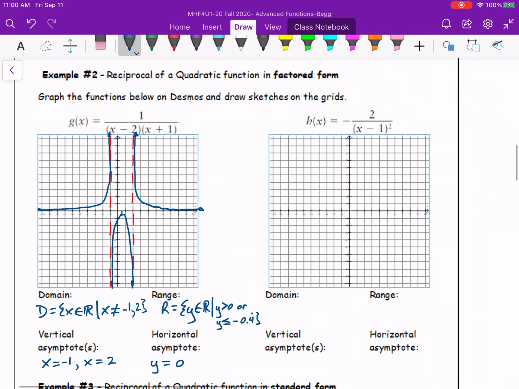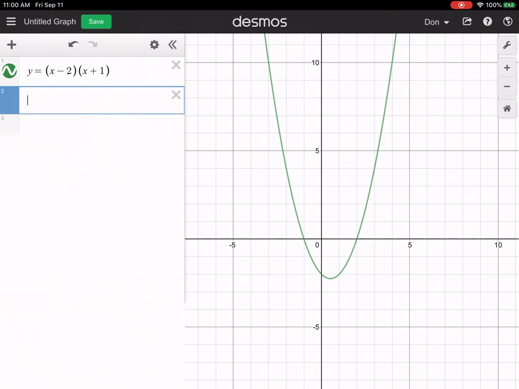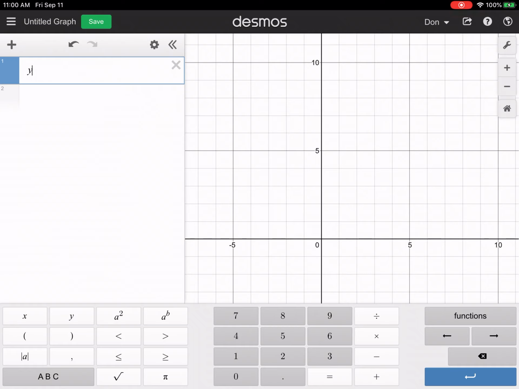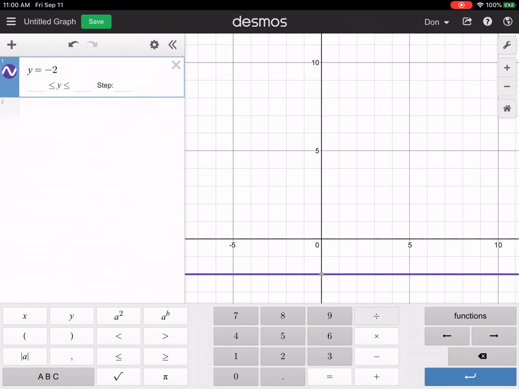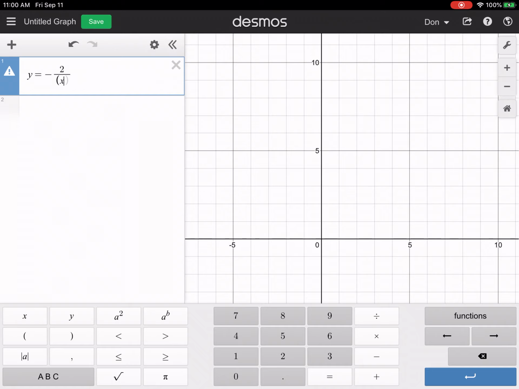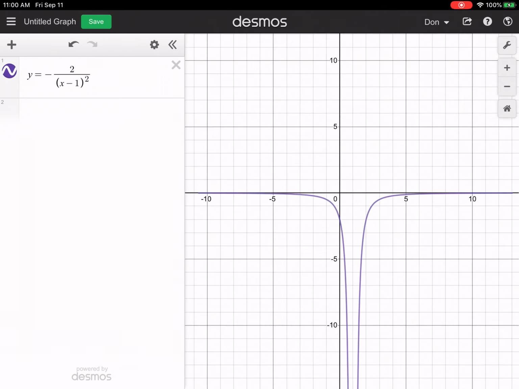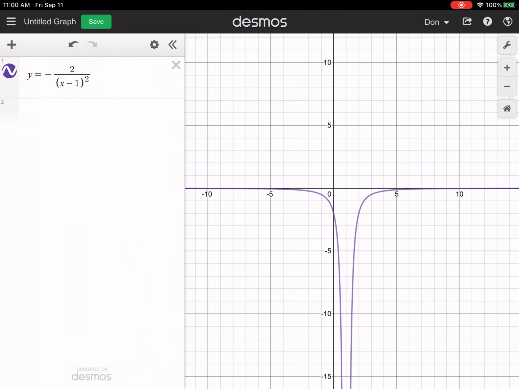Okay, let's do the next one. Negative 2 over x minus 1 squared, okay? There we have our graph. Interesting. Well, again, it looks like we got a vertical asymptote at positive 1, and that seems to correspond to the 0 of that denominator, x minus 1 squared.